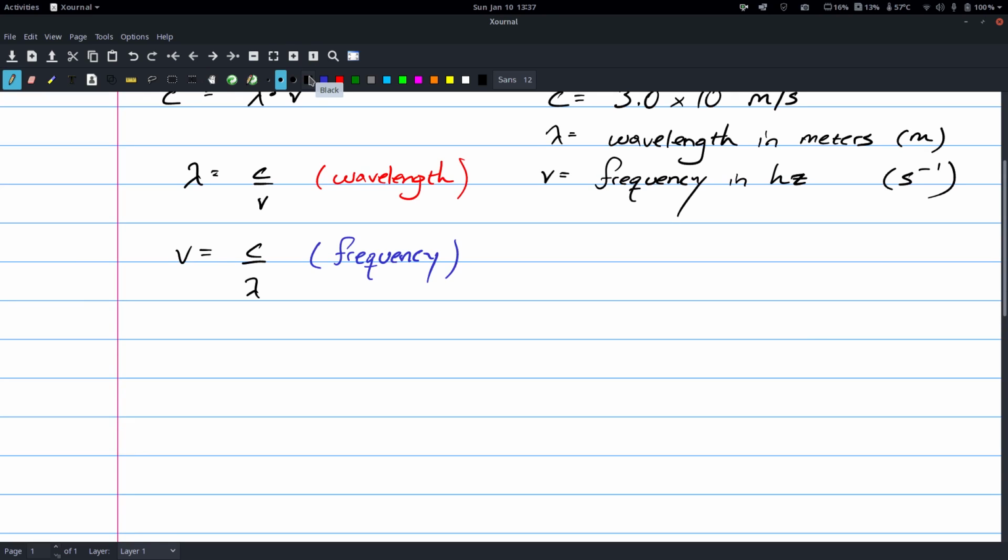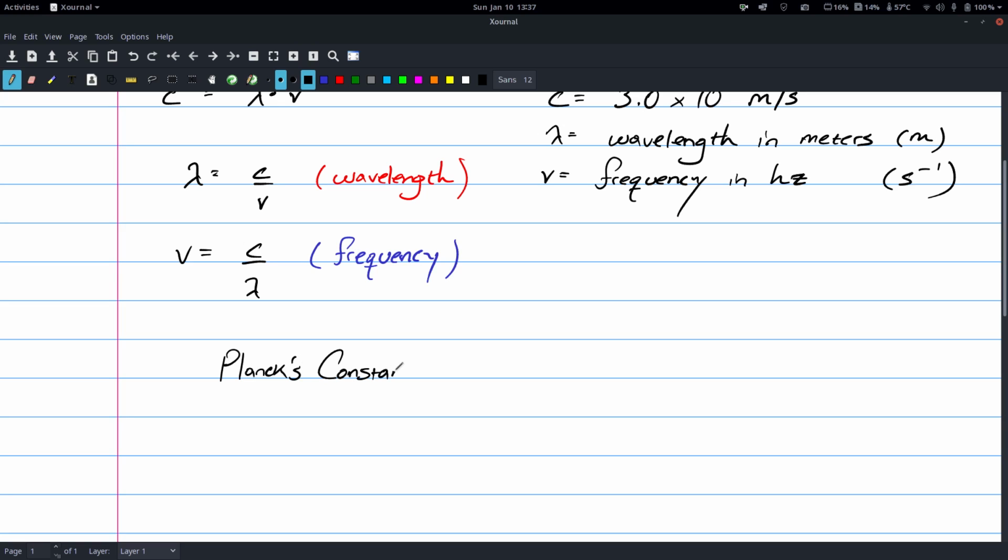So, all right, real quickly, we're going to add something new to this so we can actually calculate the energy of a photon. So right now we can only calculate wavelength and calculate its frequency. So we're going to need something called Planck's constant.